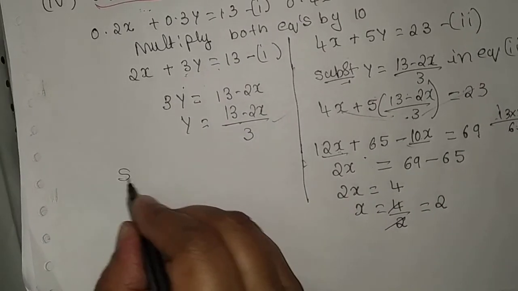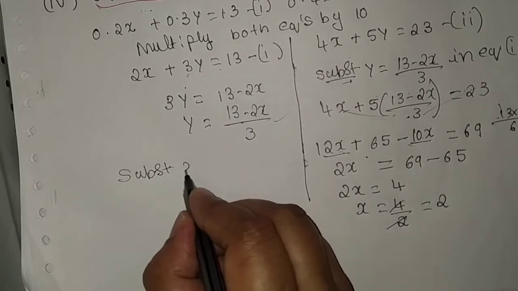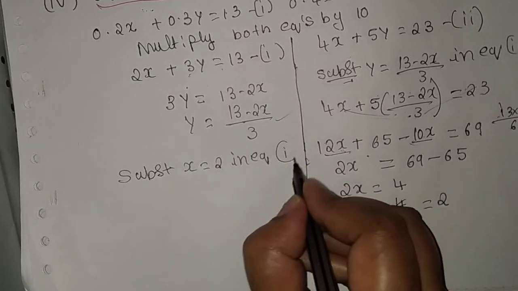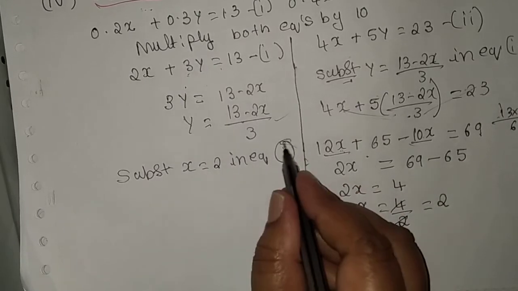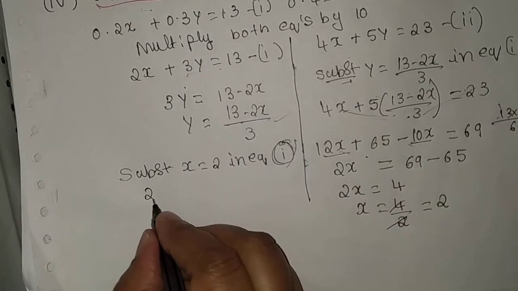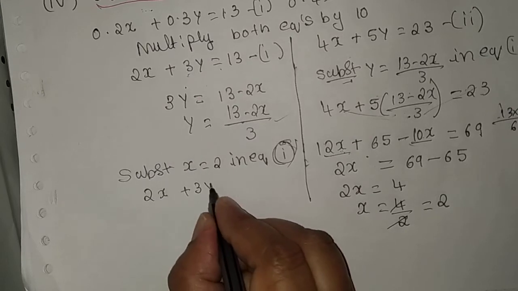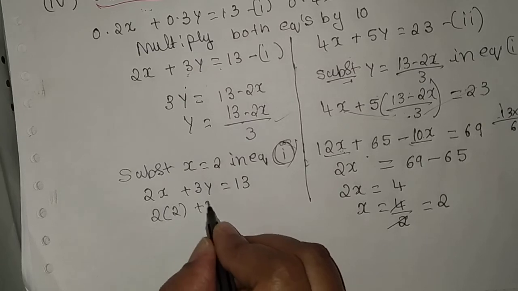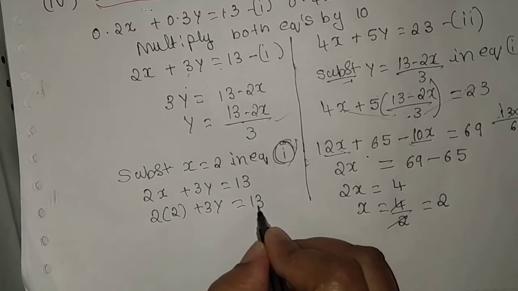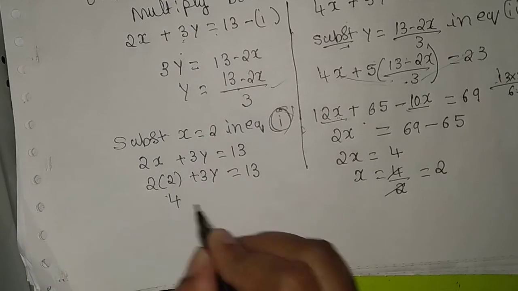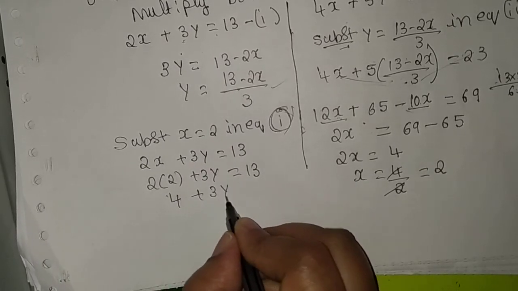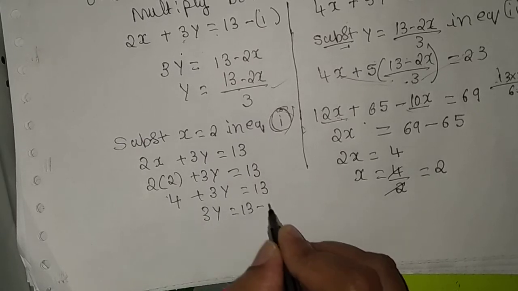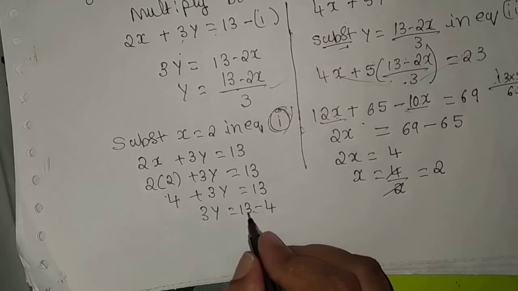Now substitute x is equal to 2 in equation 1. The equation is 2x plus 3y is equal to 13. Therefore 2 into 2 plus 3y is equal to 13. 2 into 2 is 4, so 3y is equal to 13 minus 4, which is 9.